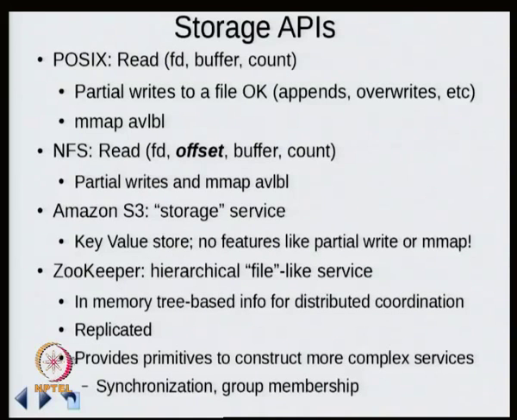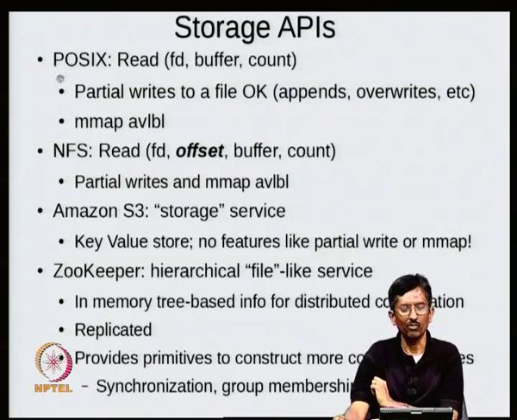Before I proceed, I'll just go over the slide we saw some time back. So basically, we have various types of models. We have the POSIX model, the NFS kind of model, the ad hoc model that 1980s people came up with, the Amazon model, which is a more recent one, and Zookeeper also is some fairly recent one. I'm just giving you 4 examples of the kinds of properties they get.